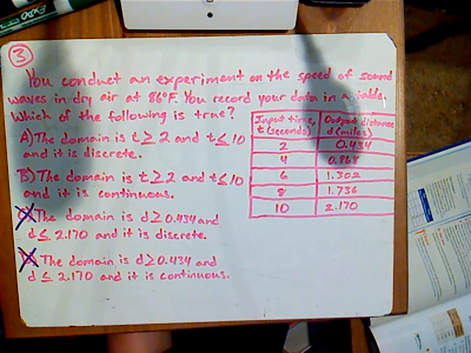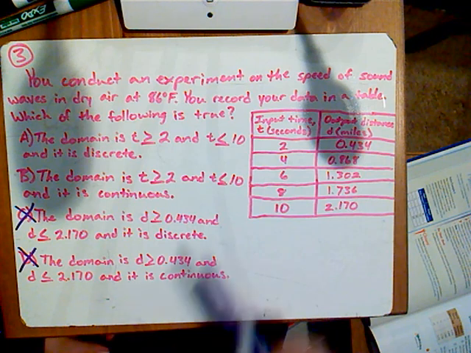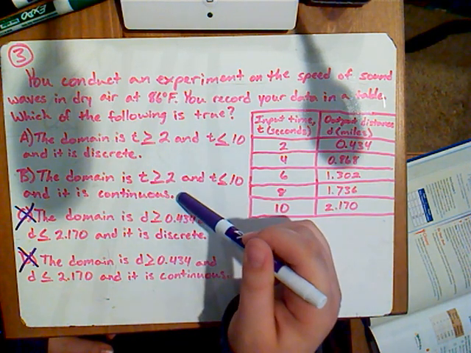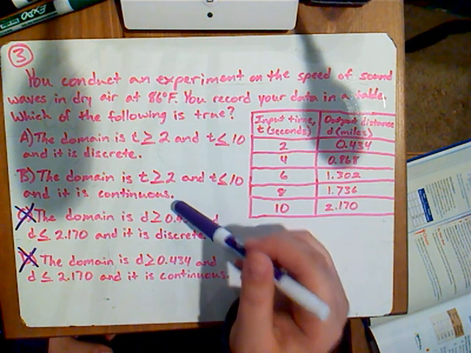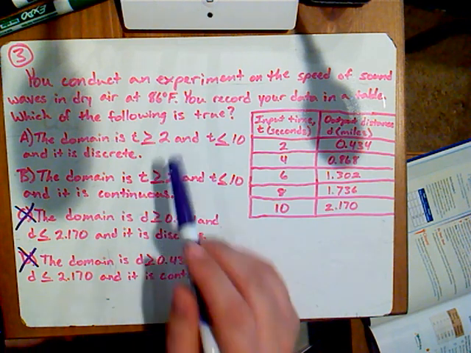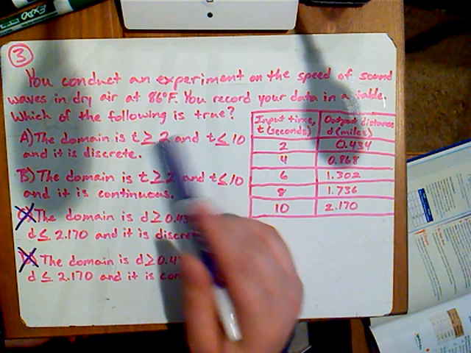So we are left with whether the domain is discrete or continuous. And remember, discrete is talking about only certain numbers in an interval.